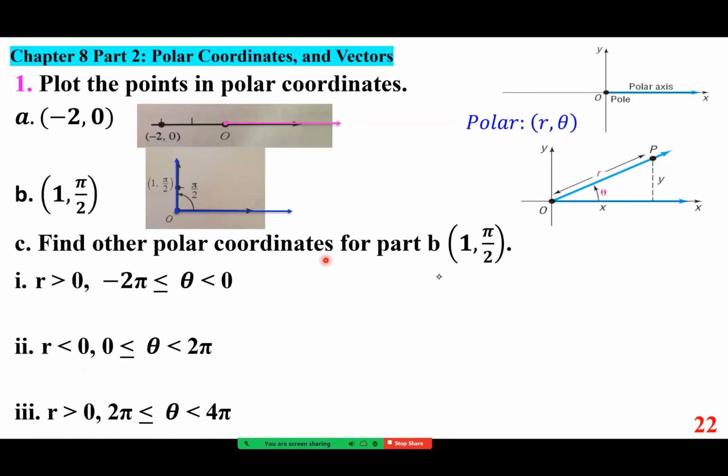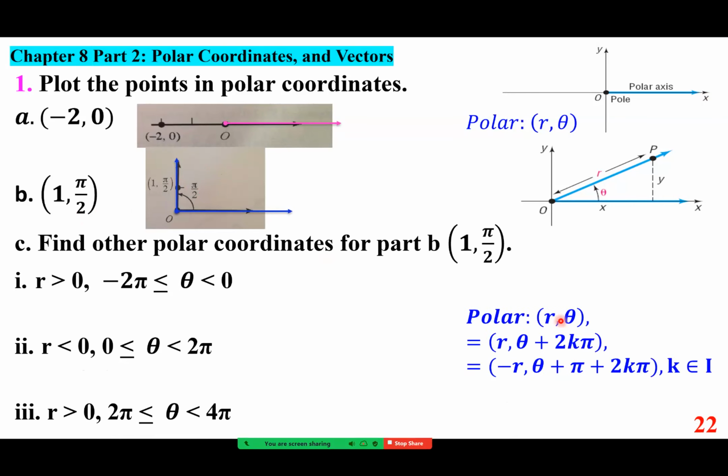Find other polar coordinates for part B, 1 comma pi over 2. And I'm going to remind you that polar has coordinates r, theta, and I can add even multiples of pi, that is 2k pi, where k is an integer. If I add odd multiples of pi, which is 2k plus 1 times pi, then I can negate r and it becomes the same thing.